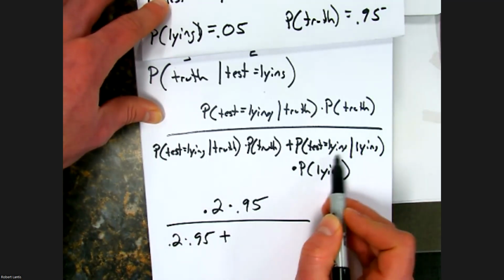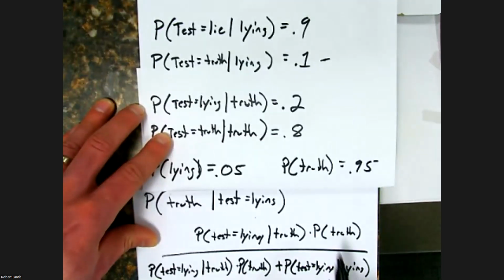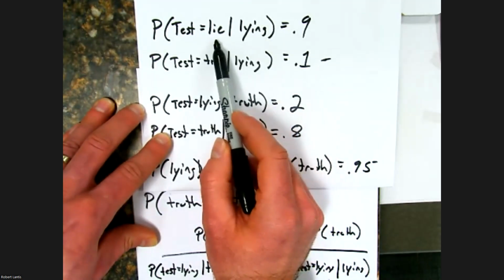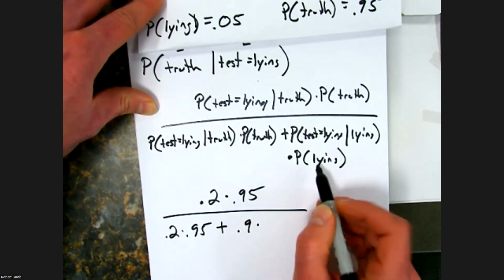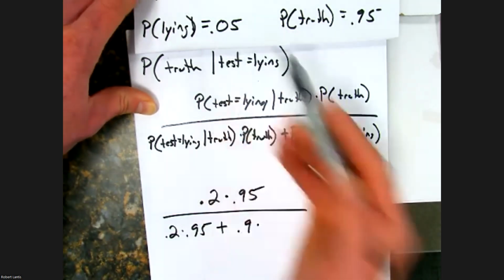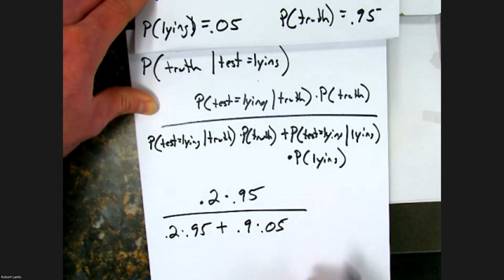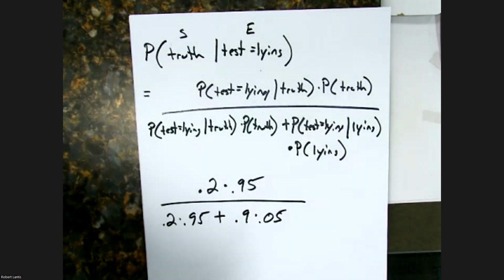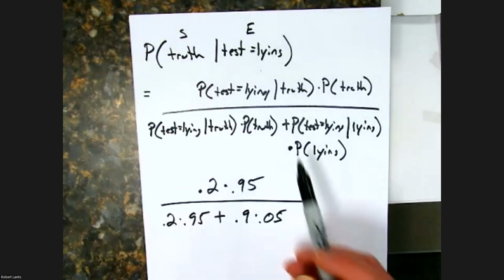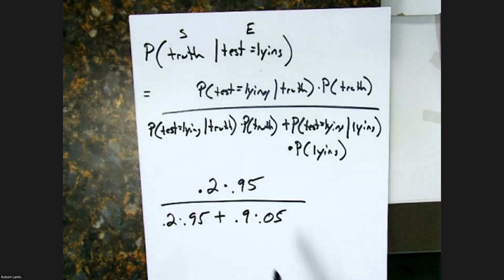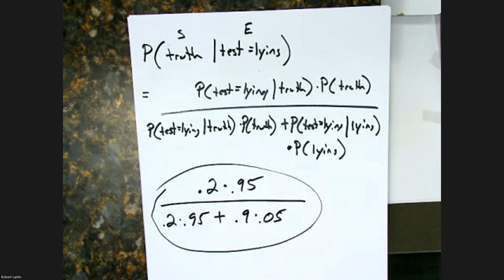Then given that they're lying, what's the probability the test shows they're lying? We had that was 0.9. And then the underlying probability that they are lying was just 0.05. Okay. So all we did was use the probabilities that we had earlier and plug everything in. Right? And now hopefully this isn't too bad to get entered into our calculator.